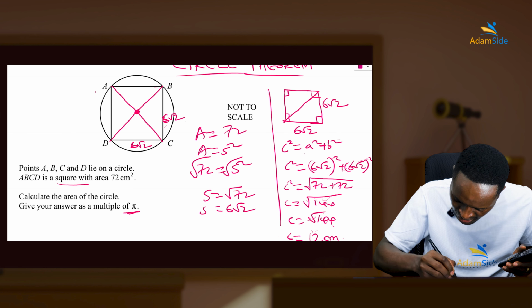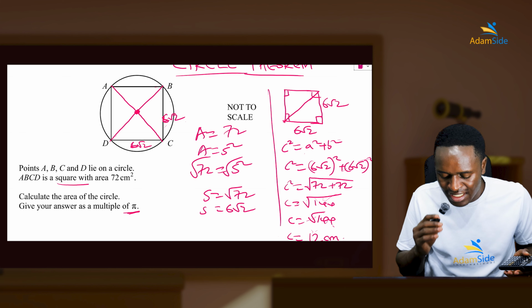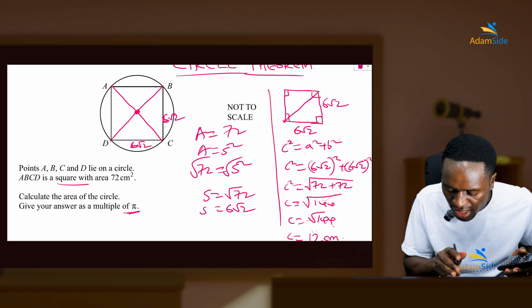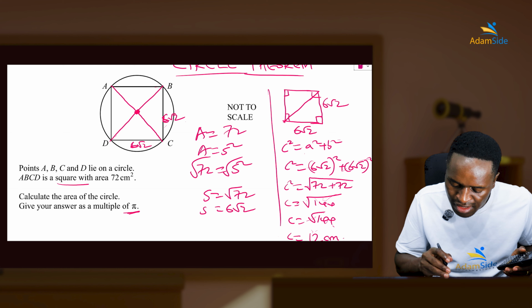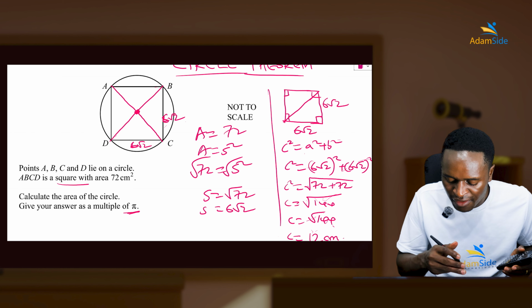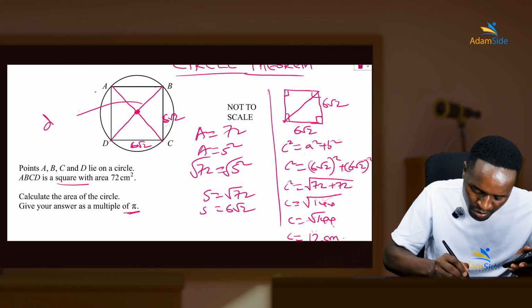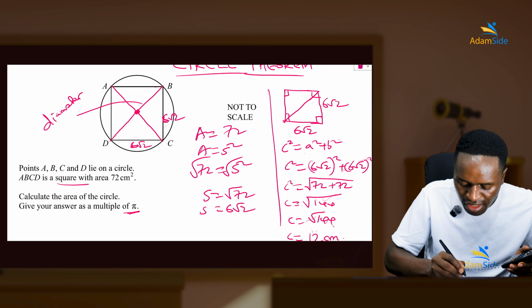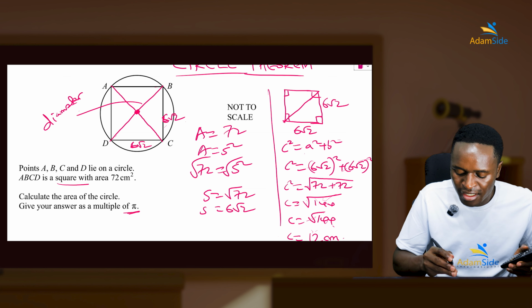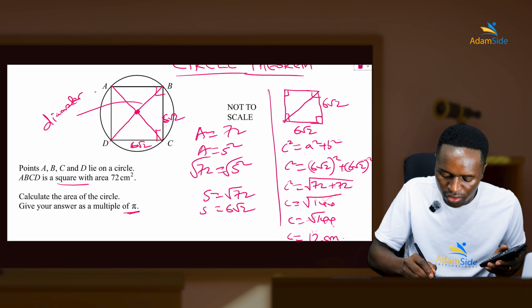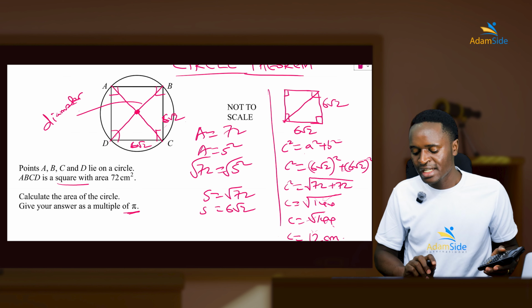So AC and DB are the diameters of the circle. But they come from the right angle triangles ABC, ADC, or DCB. We only have two diagonals, DB or AC, which are the diameters of the circle, and they are the hypotenuse of the right angle triangles.